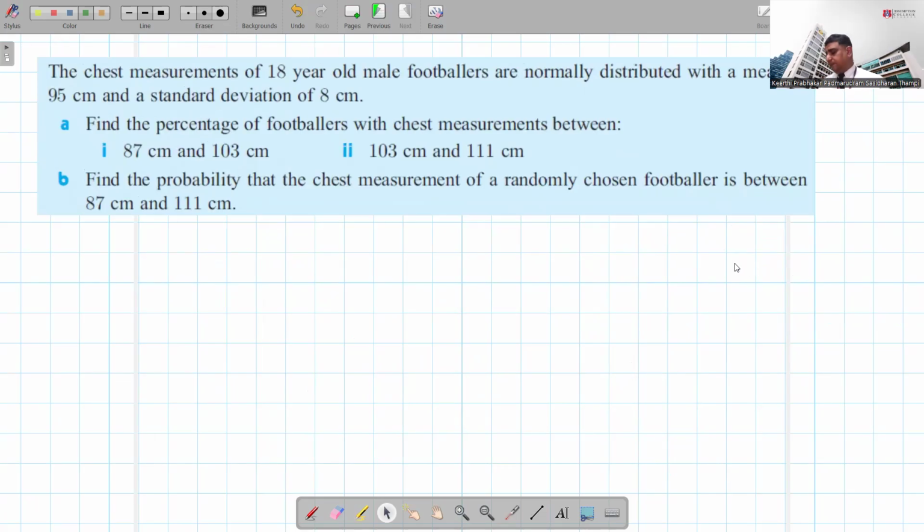Please read this question. The chest measurements of 18-year-old male footballers are normally distributed with a mean of 95 centimeters and a standard deviation of 8 centimeters. Find the percentage of footballers with chest measurements between 87 and 103, and between 103 and 111 centimeters.